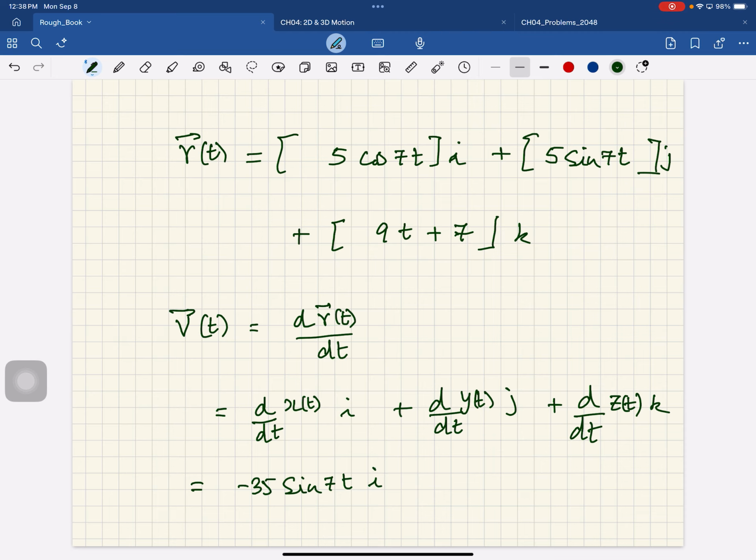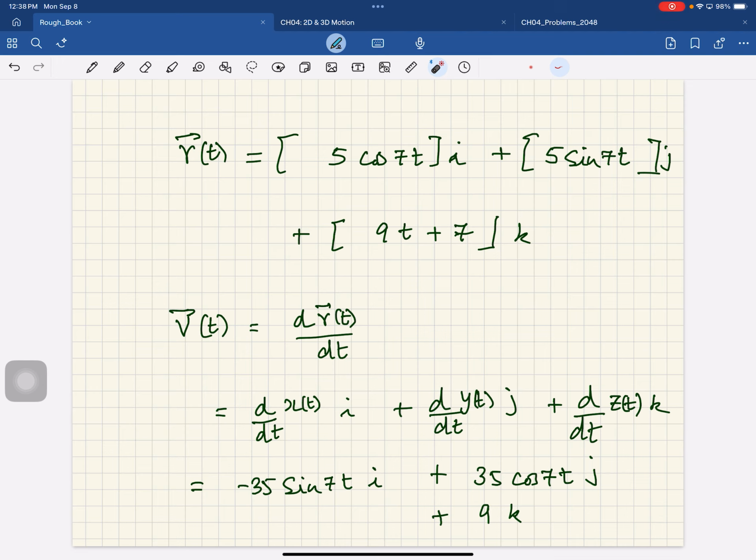What is the derivative of sine? Cosine, so plus 35 cosine 7t j, and plus, what is the derivative of this? 9, so 9k.